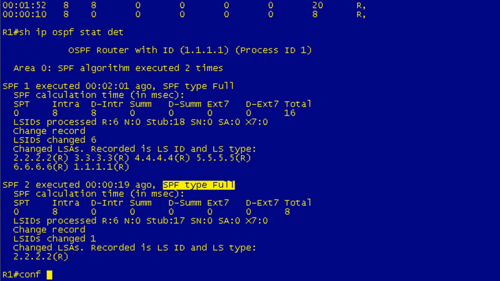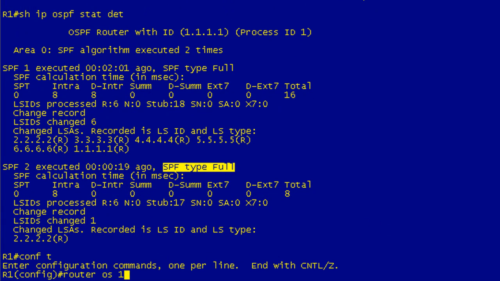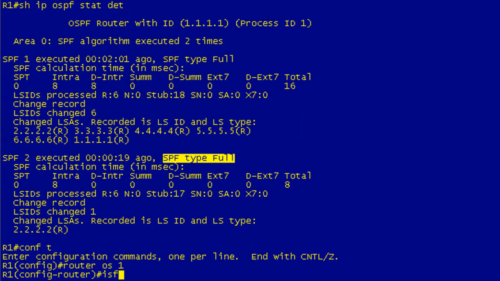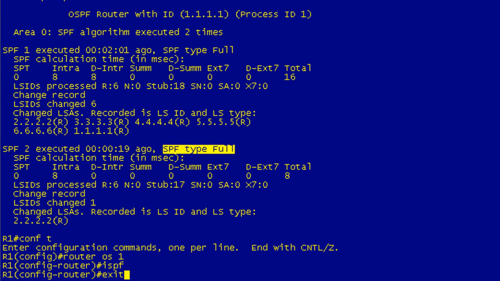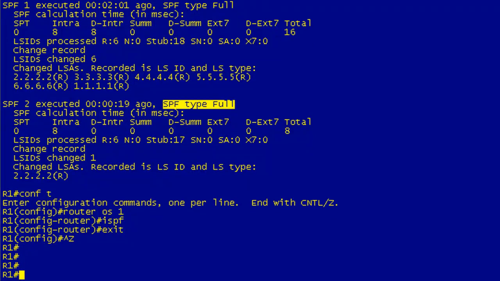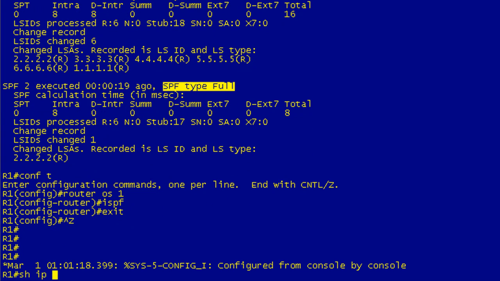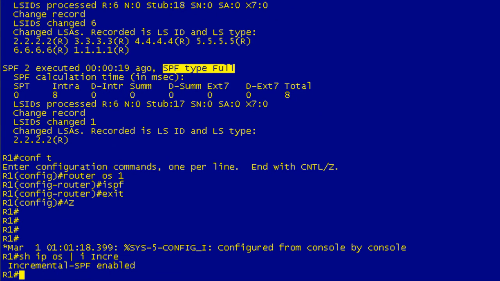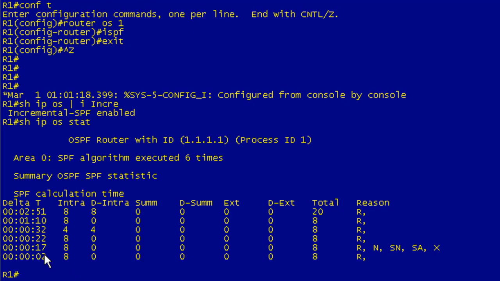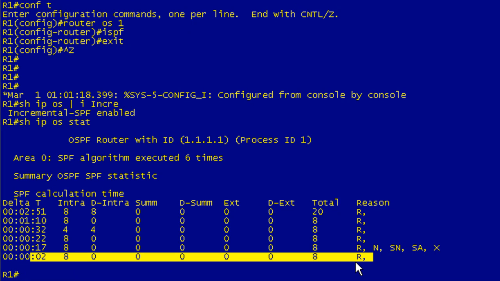While that's thinking, I'm going to get in here and configure ISPF on R1. Exit out of there. Now let's see. Show IP OSPF, include incremental, just to verify, and I did what I thought I did. Now let's do a show IP OSPF statistics. And you can see here that 2 seconds ago we had a topology change which triggered an SPF calculation.